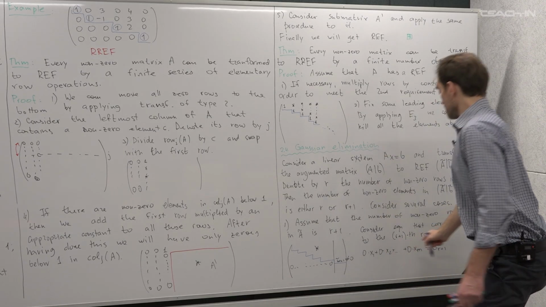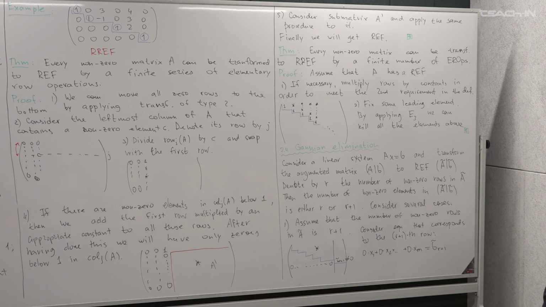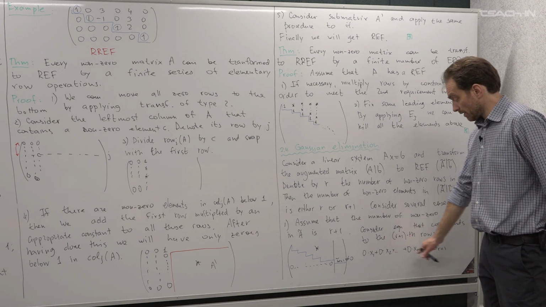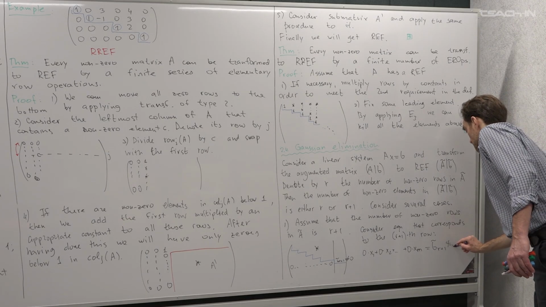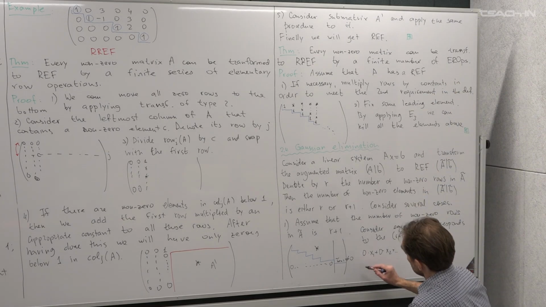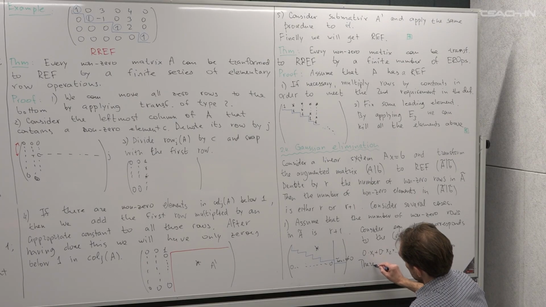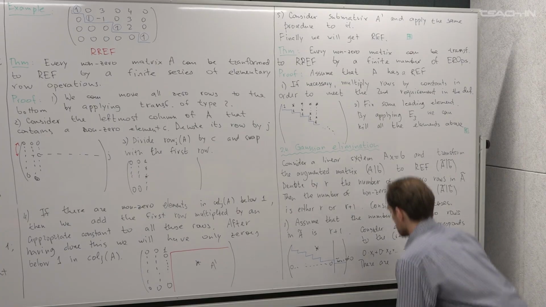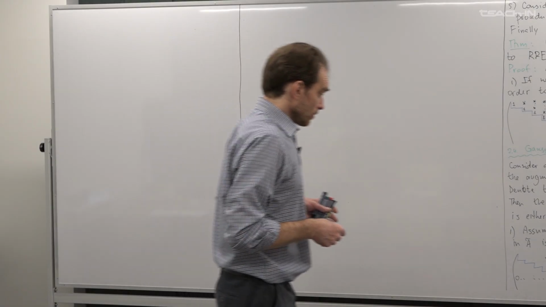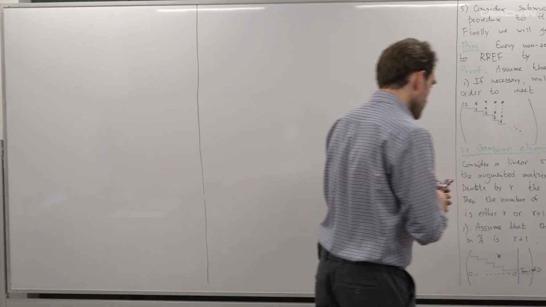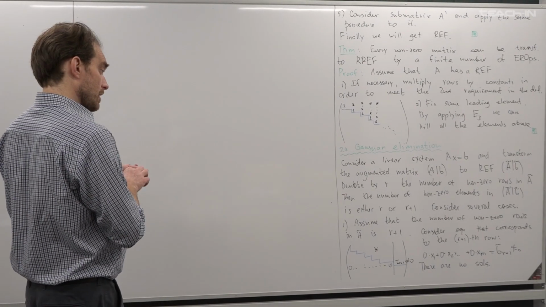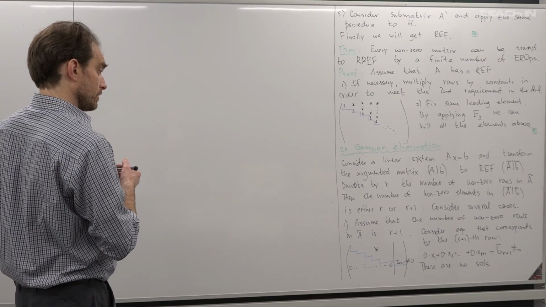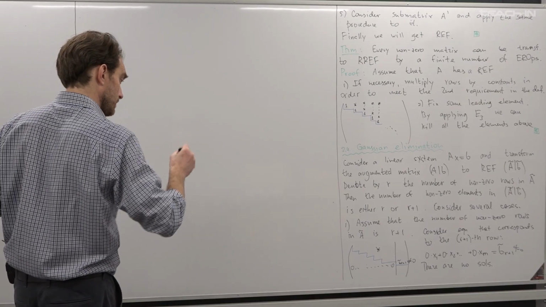So we see that this equation has no solutions, just because we have 0 on the left-hand side and a non-zero element on the right-hand side. So there are no solutions here, and since this system is equivalent to the original one, there will be no solution for the original system.